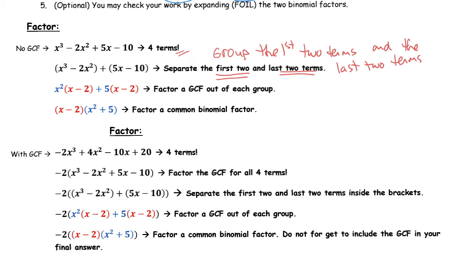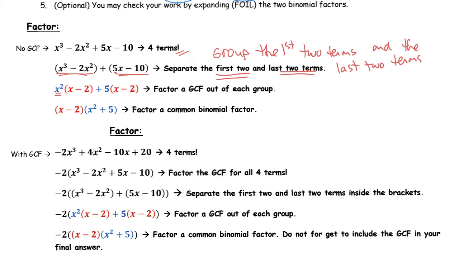Now, there's something in there that I want to make sure you're aware of, but we'll talk about it when it comes up. So we group together the first 2 terms, group together the last 2 terms. Now we take a look at what's common to just the first 2 terms. Between x cubed minus 2x squared, there is a common x squared, and that leaves us with an x minus 2.